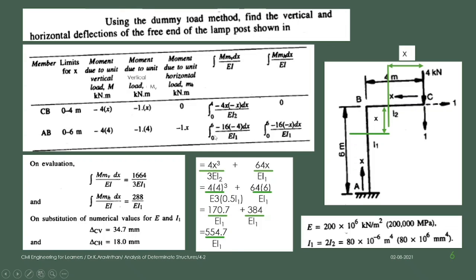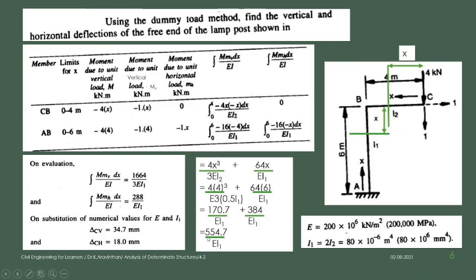And if you apply the limit, that is 0 to 4, you will be getting the upper limit as 4 cube divided by 3 E into 0.5 I1, plus 64 into the upper limit 6, hence it is written here. If you simplify, you will be getting 170.7 by EI1 plus 384 by EI1.